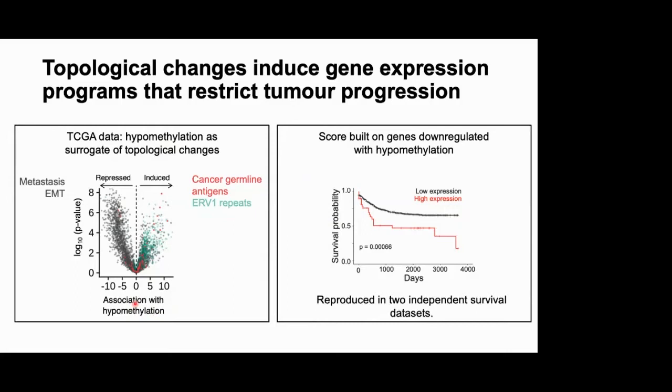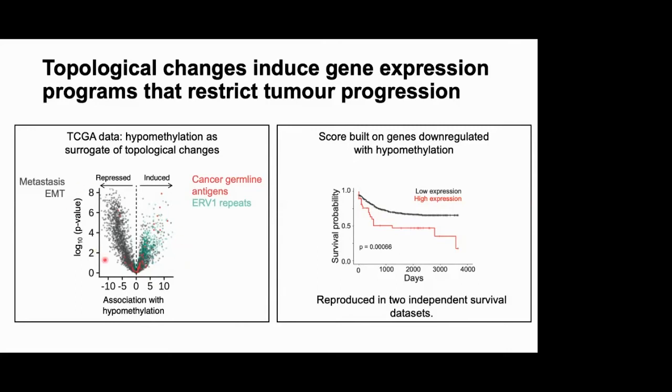Interestingly, in the compartments that get hypomethylated, a lot of genes were repressed, and these genes tended to be enriched for metastasis-related processes. And the genes that were induced, such as cancer germline antigens and ERV1 repeats, are things that induce immune responses. So all of these were consistent with these changes being tumor suppressive.